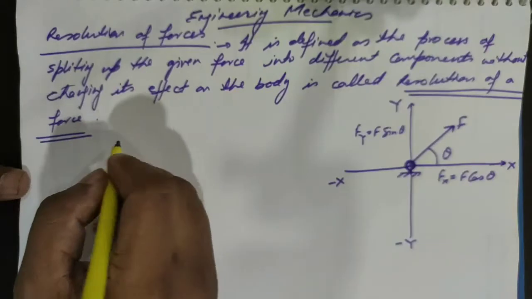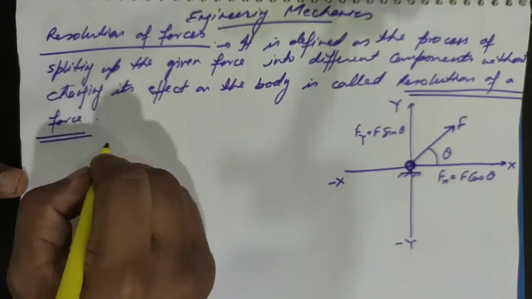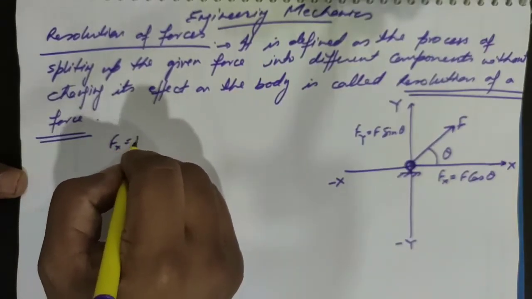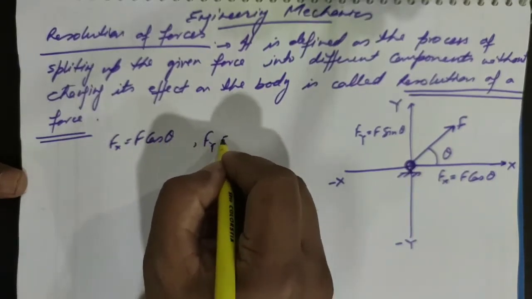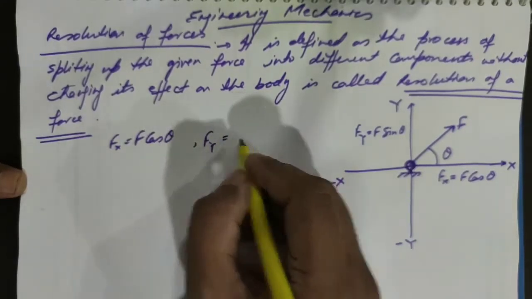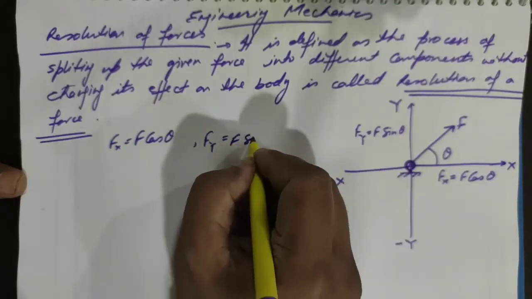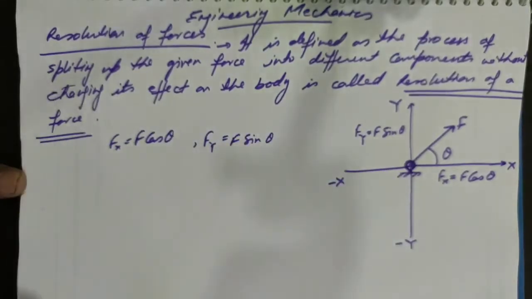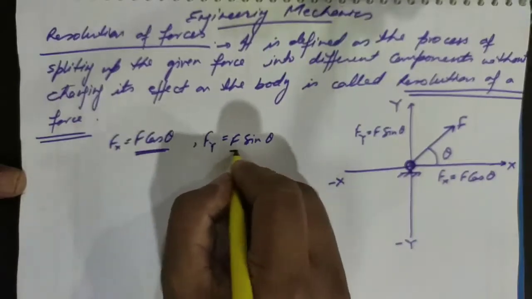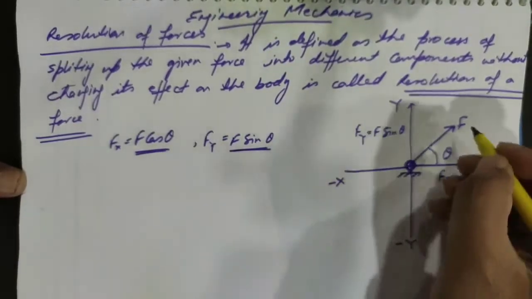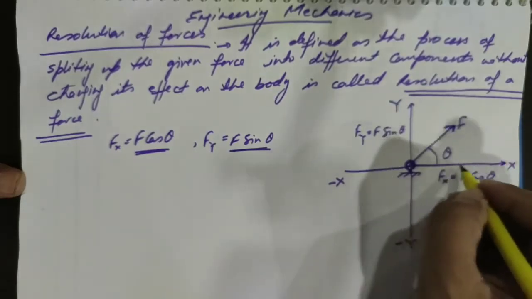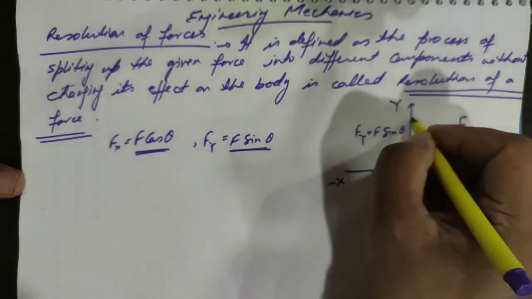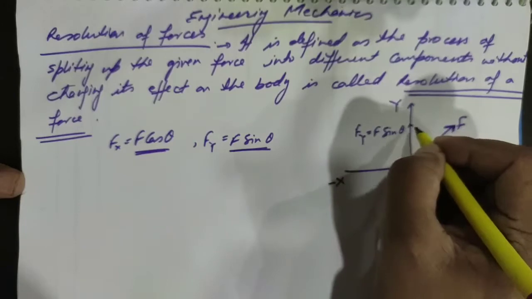So Fx is equal to F cos theta and Fy is equal to F sin theta. That gives us the magnitude, and according to the direction we get the direction of Fx and Fy.